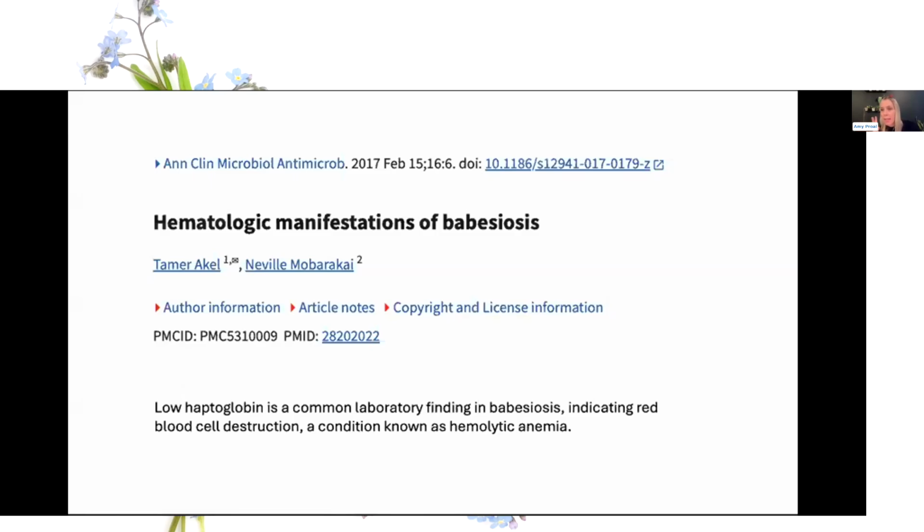It can lead to lots of fatiguing type symptoms. It can lead to a lot of ME type presentation symptoms. And an interesting thing there is that low haptoglobin is a common laboratory finding in people who have Babesia or chronic Babesia. And I just want to explain again that usually people get Babesia via something like a tick bite that they didn't realize that they got.